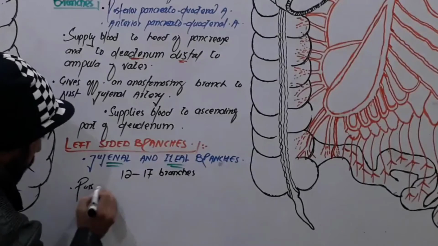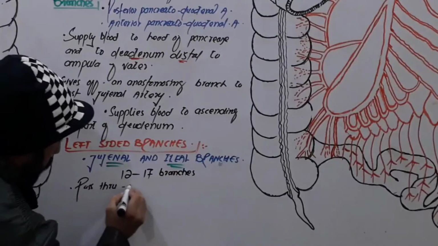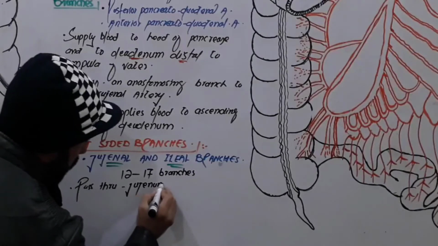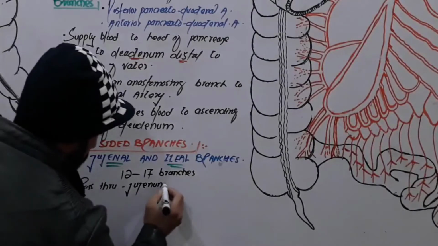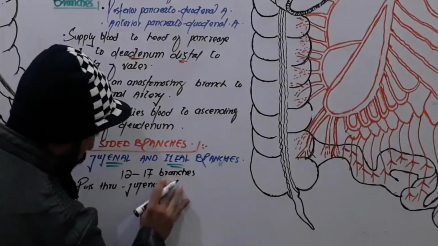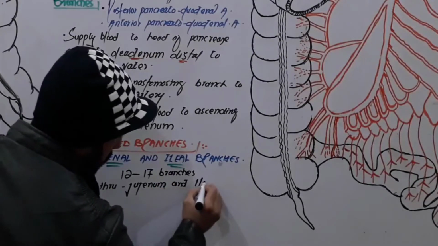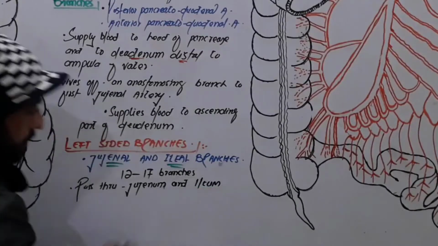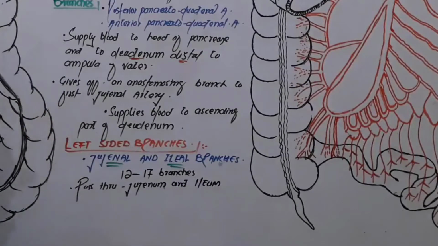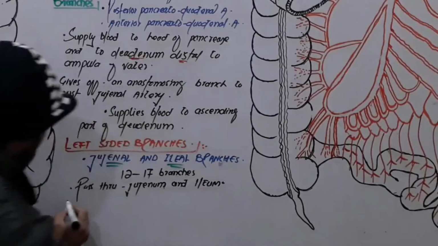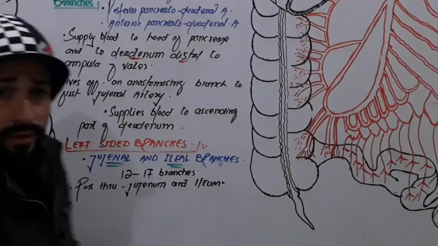So they are called the jejunal and ileal branches, which may be from 12 to 17 branches, and these branches pass through the jejunum and ileum. What do they do further forward? Look carefully, friends.